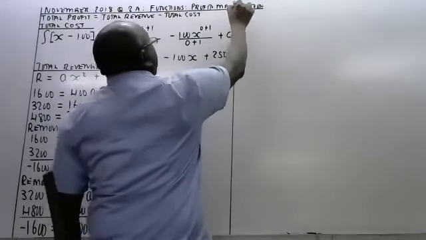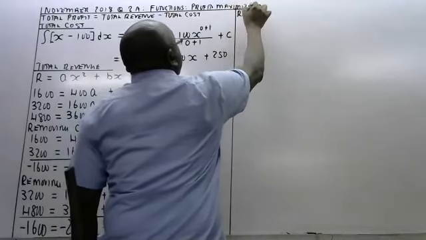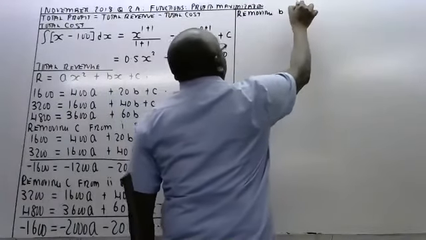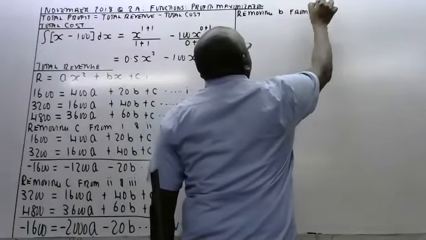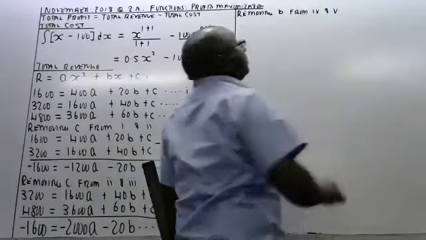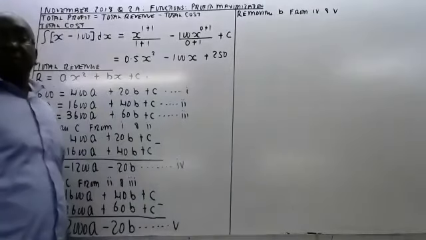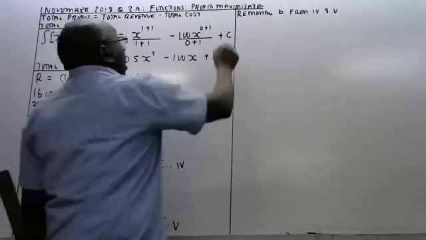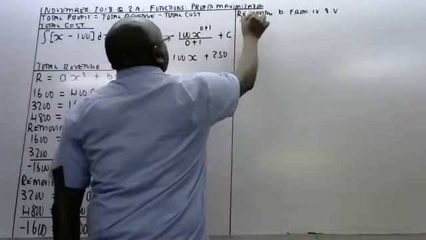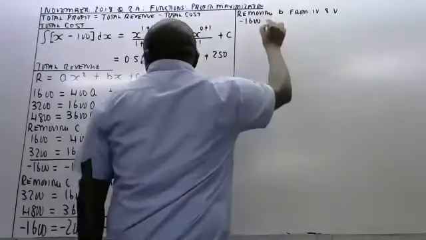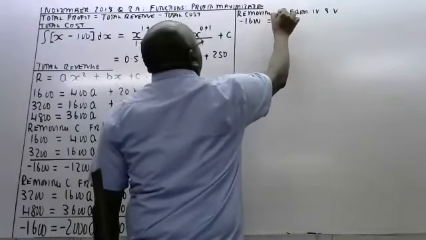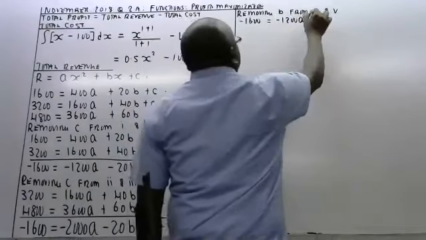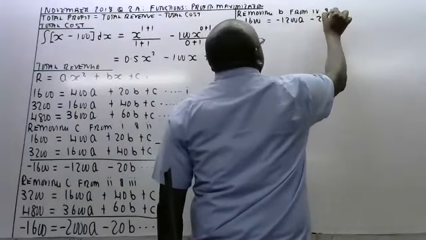So I'll then say removing B from 4 and 5. Removing B from 4 and 5, I will have minus 1600 being equal to minus 1200A minus 20B.